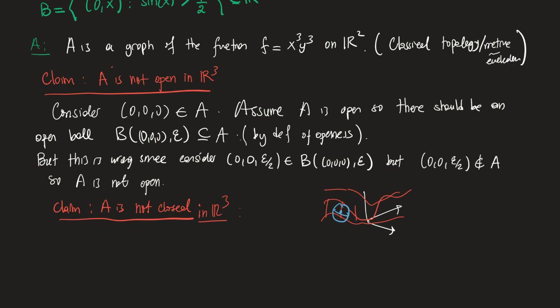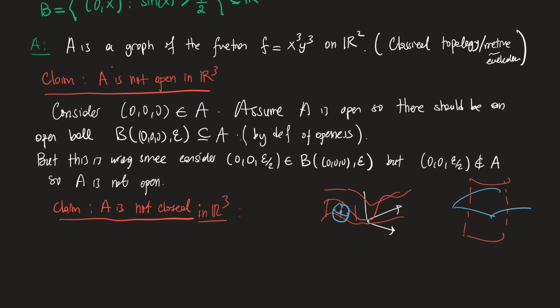For the second claim, the boundary is not included. I have a surface, but I am intersecting it with this open cylinder.